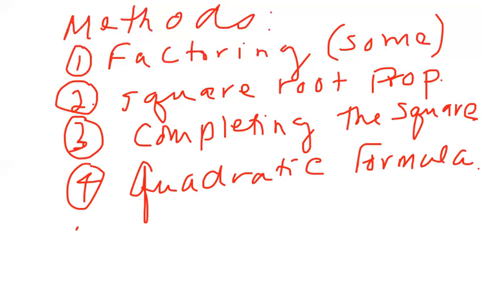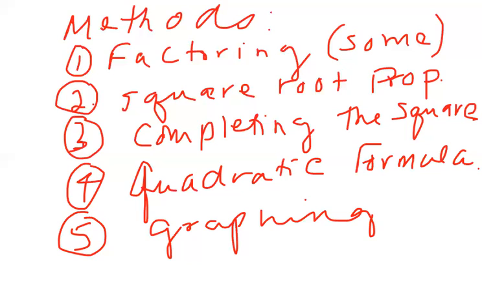And then I am going to add this one on here, although I've already talked about it, and that is the graphing method. Essentially, in the last screen, I talked about the different ways based on the solution that the graph could affect the x-axis.